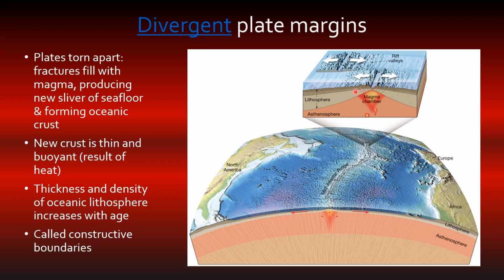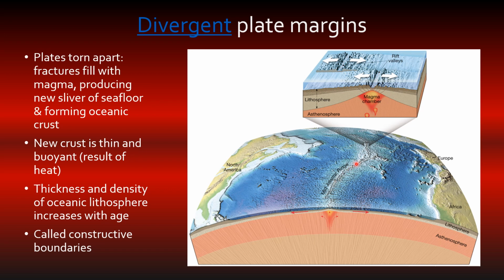Like I said, the thickness and density of the oceanic lithosphere increases with age. This stuff is older than this stuff, and this stuff over here is older than this middle portion. And they're somewhat symmetrical in the fact that this part here and this part here, equal distance from the divergent boundary, are about the same age and about the same thickness.